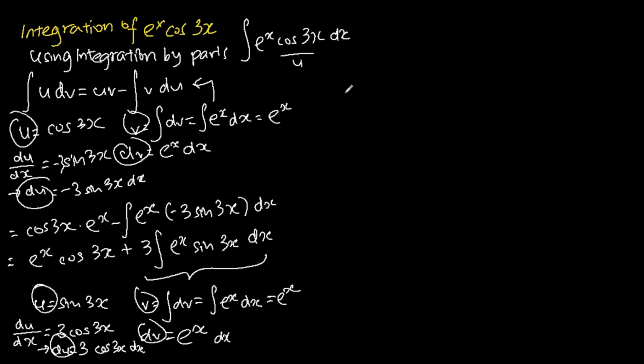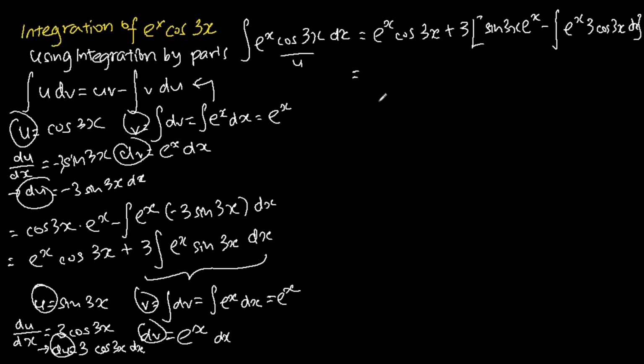So what we have here is as follows. We have e to the power x cosine 3x plus 3 in square brackets: our u is sine 3x, our dv is e to the power x, subtracting away the integral of v, which is e to the power x, times du, which is 3 cosine 3x dx.